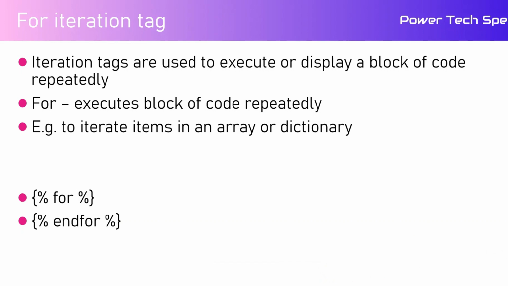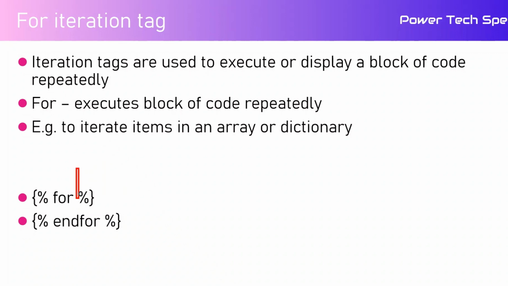So the for iteration tag is basically used to iterate items in an array or a dictionary or any objects so that you can extract the content from the object. Now this is a syntax, it's a simple syntax. You first use a for and you end for, and then within for you need to specify what you are iterating through. So this is important over here.